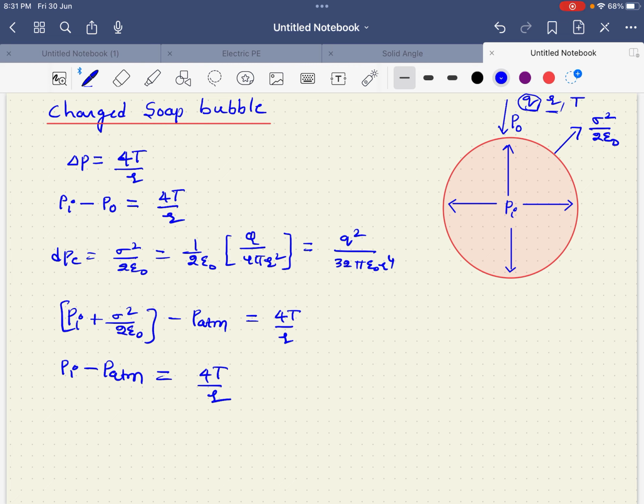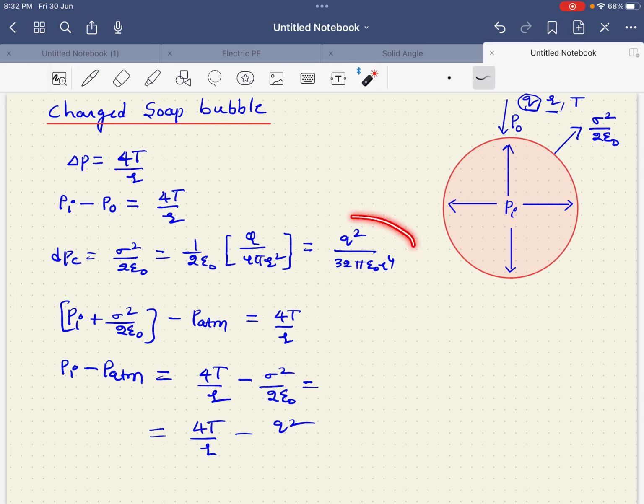If we send this sigma square by 2 epsilon naught to the other side, it becomes minus sigma square by 2 epsilon naught, and that value we have already derived. So the value is 4T by R as it is, minus Q square by 32 pi square epsilon naught R to the power of 4.